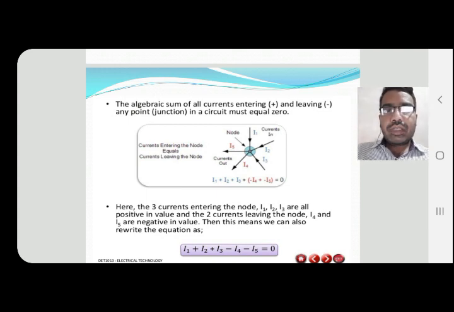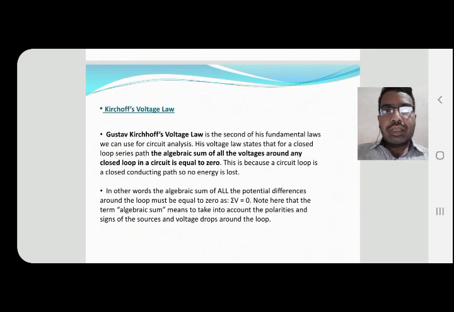Okay. So then Kirchhoff's voltage law. Gustav Kirchhoff's voltage law is the second of his fundamental laws we can use for circuit analysis.